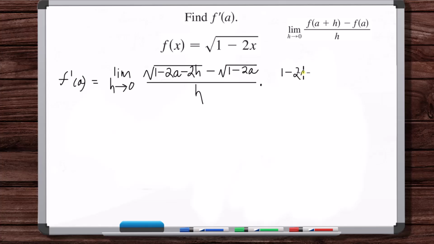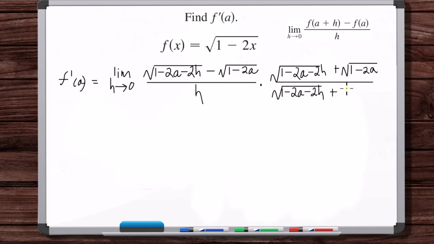So the square root of 1 minus 2a minus 2h, plus the square root of 1 minus 2a, all over the same. When you have a minus b times a plus b, the result is a squared minus b squared.